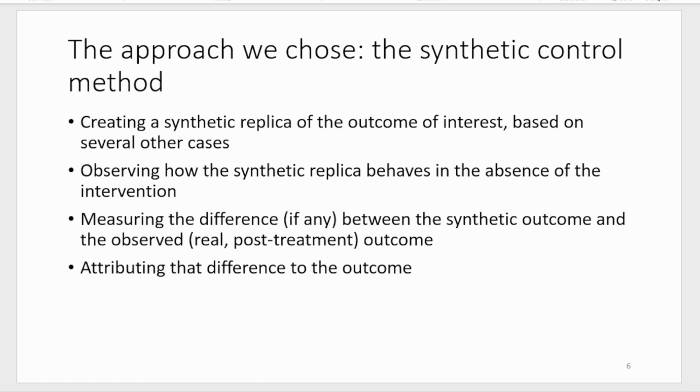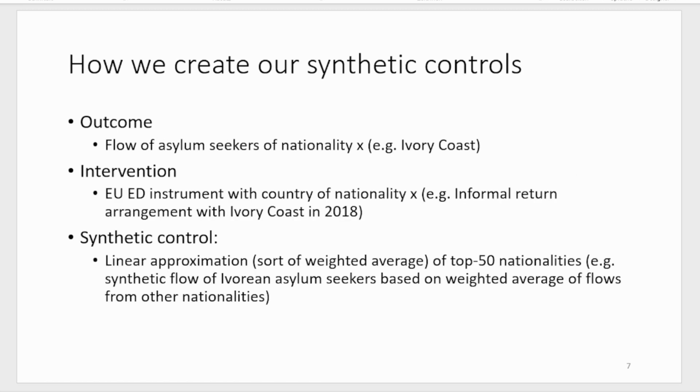Let me show this. What you see here is that the gray line is the observed flow, and the pink line is the synthetic flow, which is a sort of weighted average of other countries to match. It's done with matching algorithms.